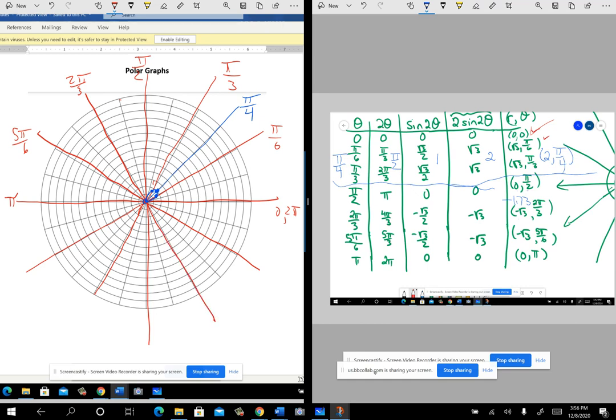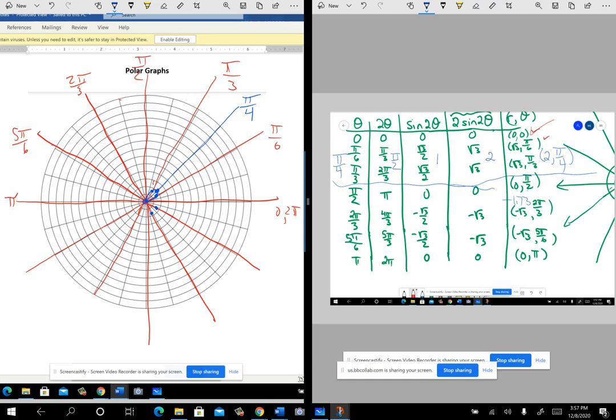Okay, so at 2 pi over 3, you have to back up 1.73. So you have to go past 1 and then 3/4 of the way to 2 when you're on that one. That's this guy. And then 5 pi over 6 is the same way. So at 5 pi over 6, I go not on the 5 pi over 6 terminal side, but I go backwards. Same deal.